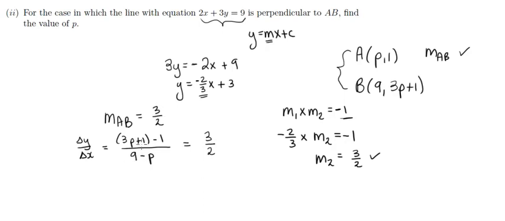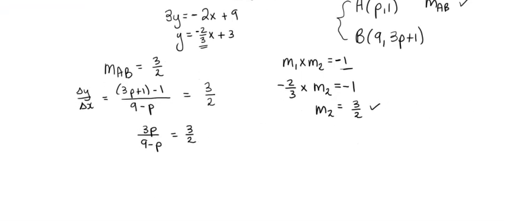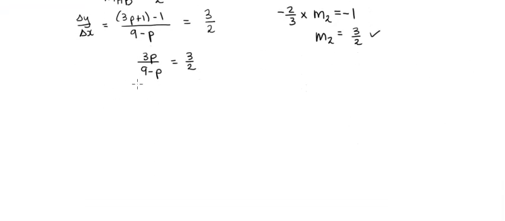So just to simplify, 3p plus 1 minus 1 gives you 3p. 9 minus p stays the same, so it's equal to 3 over 2. And now we just get p by itself. To get rid of the 9 minus p from the denominator, we multiply both sides by 9 minus p.